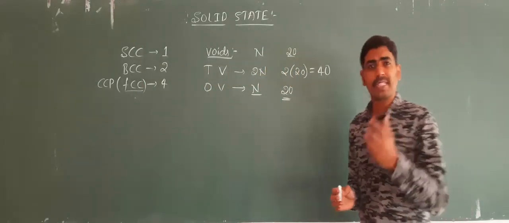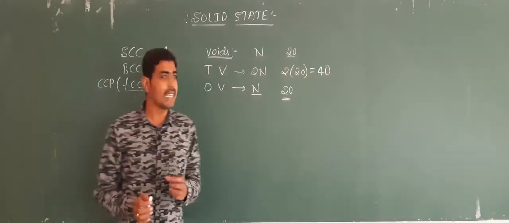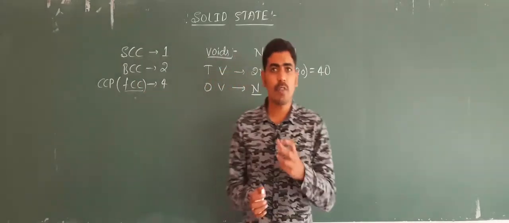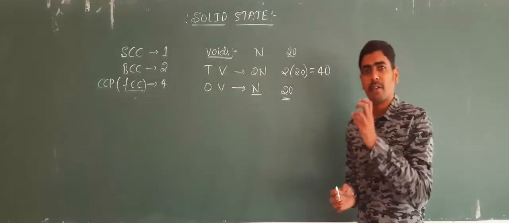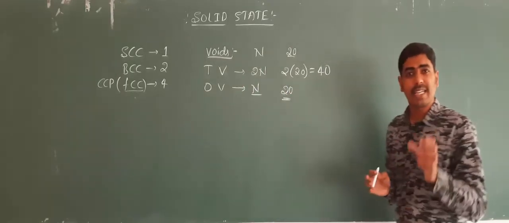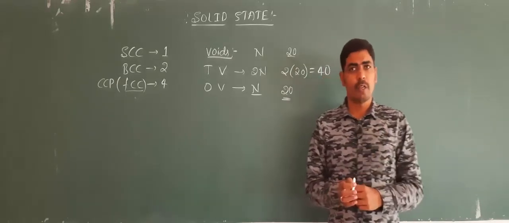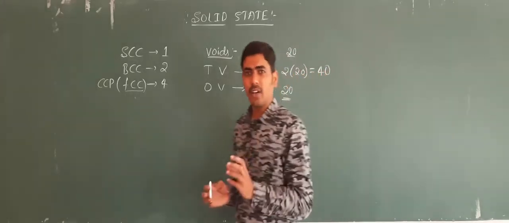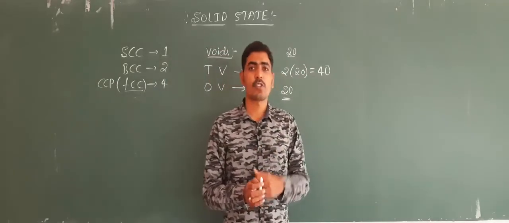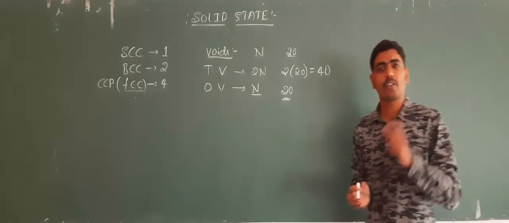Which one will be present at the corner, and which kind of ion will occupy the voids, the empty space? You need to know that, because anions and cations have different sizes, so you should know which goes to the voids and which goes to the corners.